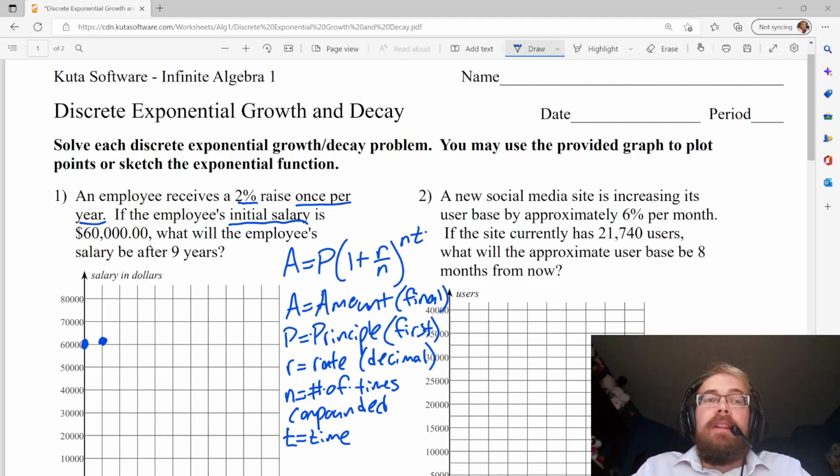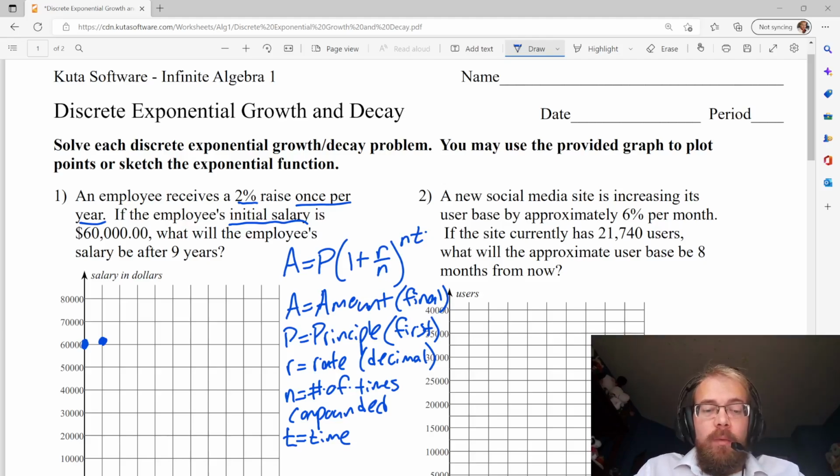It's better than just adding a little bit each year, because then you wouldn't even be going up by an exponential amount. So what we could do instead of multiplying by 0.02 and then adding it back to the original is just multiply it by 1.02.